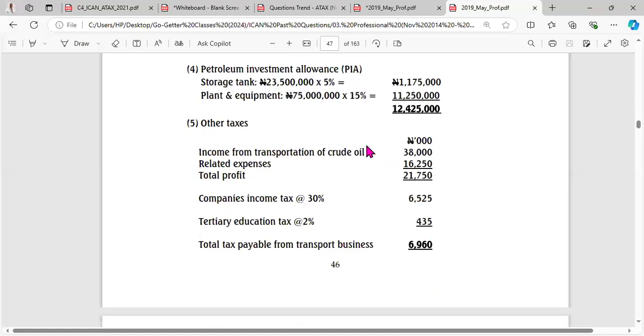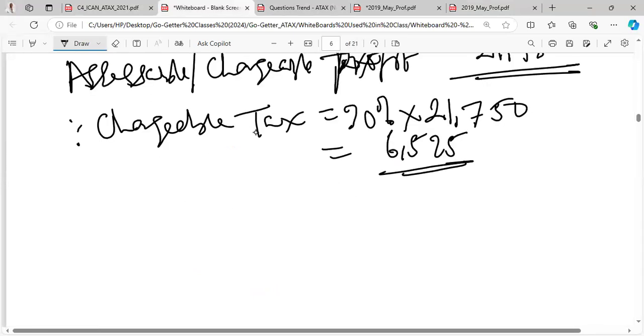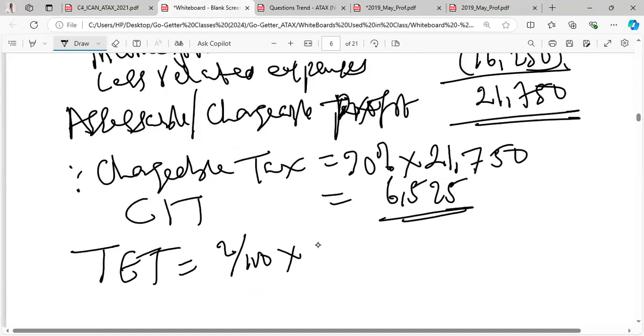Okay, tertiary education tax. So this is CIT. Then TET will be 2/100 times, let me just say 2%, so that you will not think I was supposed to do 2/102.